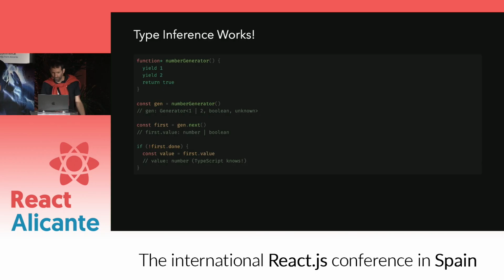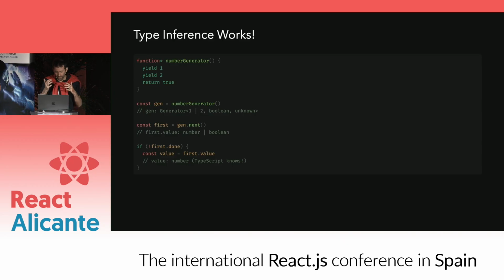But it turns out that TypeScript already provides good inference even for very basic generators. Here we have, for example, a number generator that yields 1, 2, and returns true. TypeScript is able to automatically infer that this is a generator that yields number and returns a Boolean. Unfortunately, it cannot know what it gets as input.